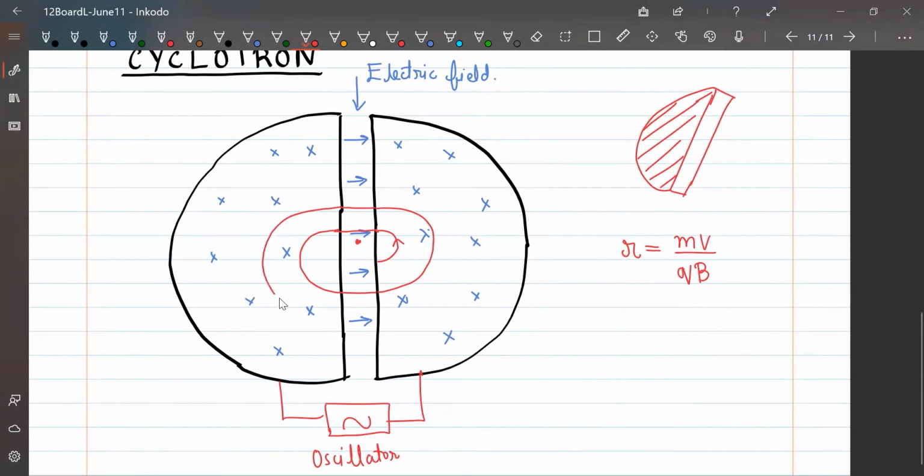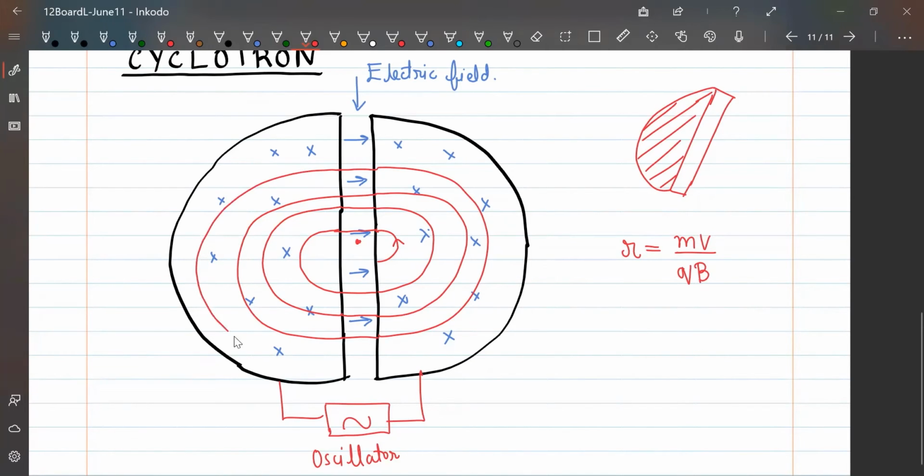So it keeps on increasing its speed in multiple cycles, and at the end, we get the desired amount of speed, which can be used for various purposes.